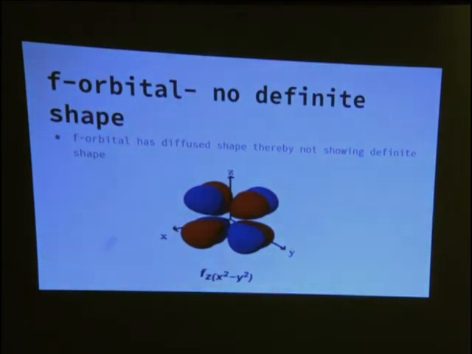The f orbital usually does not have a definite shape, it is quite complex. Most of the time f orbitals have a diffuse shape, so it does not give you a definite shape. If we look at an example here, it looks somewhat like this, but you have to know that the f orbital does not have a definite shape.